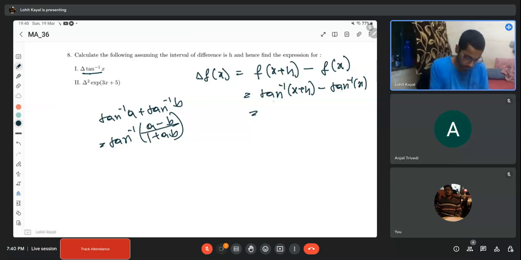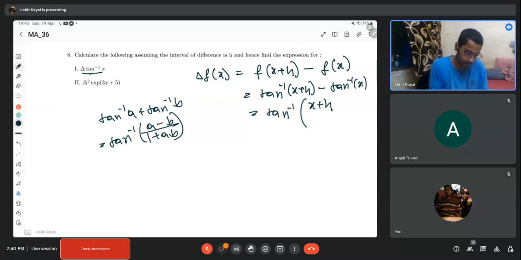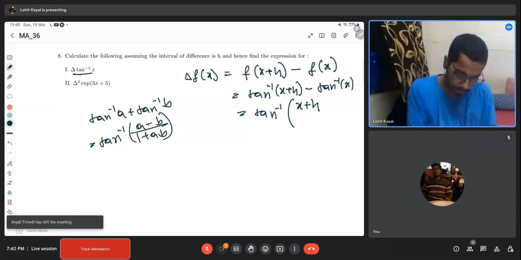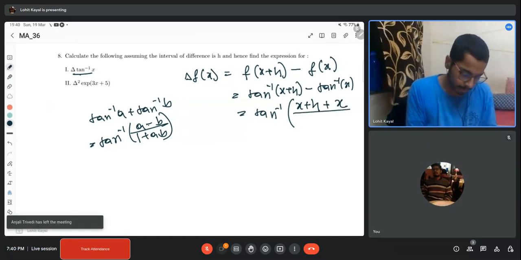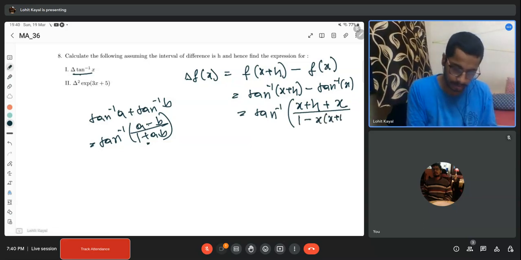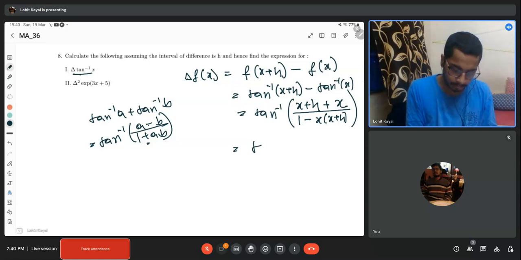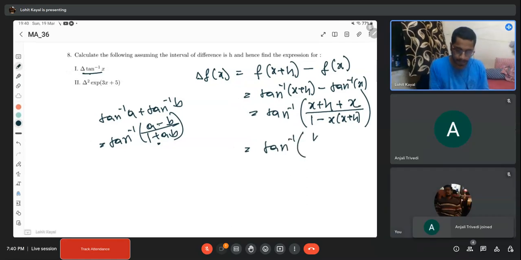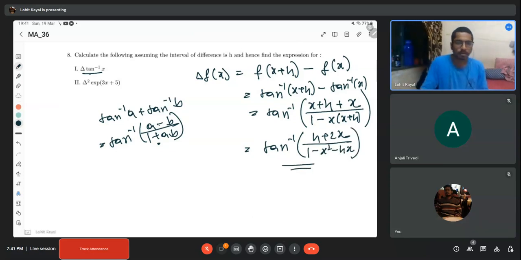It will be tan inverse of x plus h minus x, divided by 1 plus x into x plus h. So it is tan inverse of h divided by 1 plus x square plus x h. So this will be your answer.